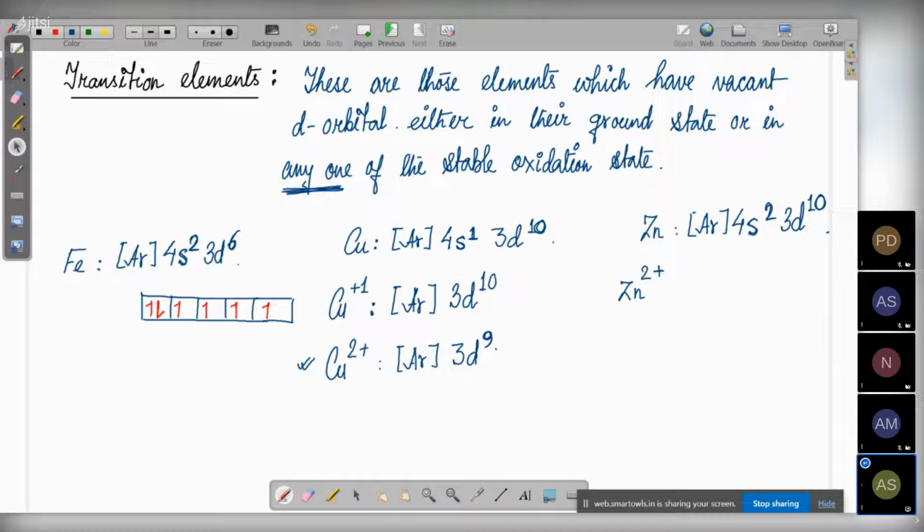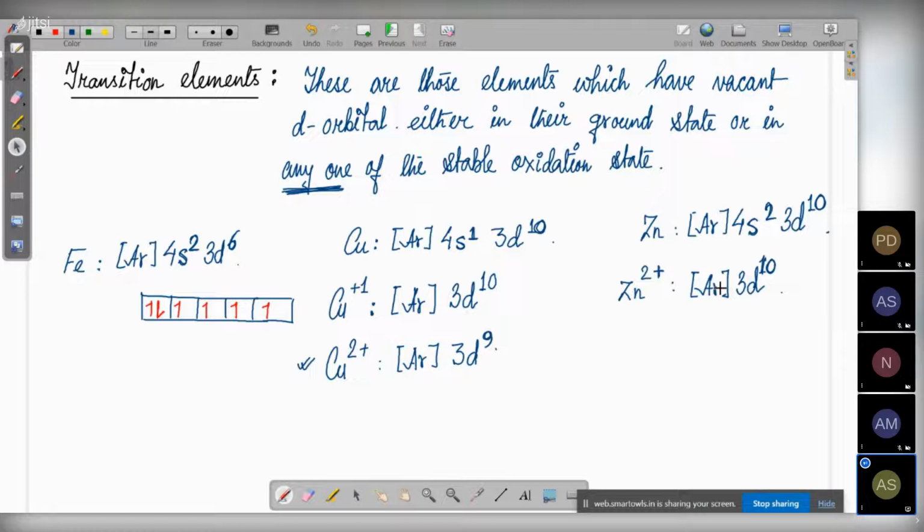So zinc can have only one oxidation state, that is Zn2+. But even in the Zn2+ situation, you are getting argon 3d10. So even in this situation, zinc has 10 electrons in the d orbital. That means even in Zn2+, the d orbital is completely occupied. There is no vacancy in the d orbital.